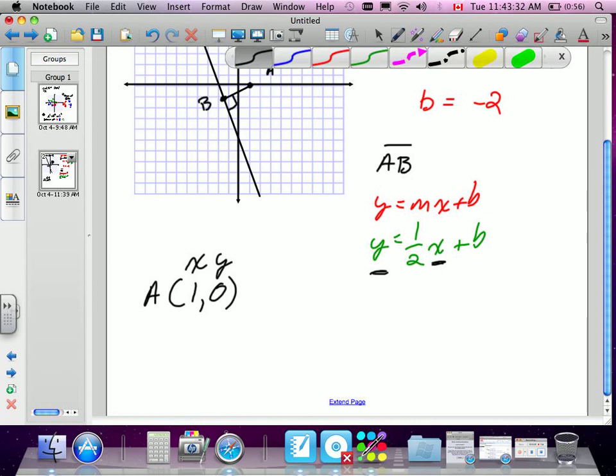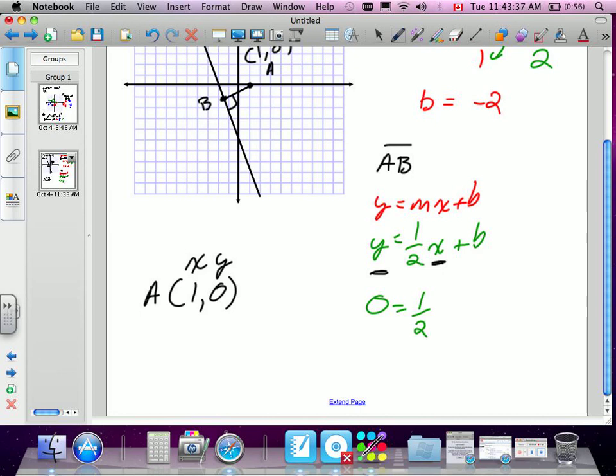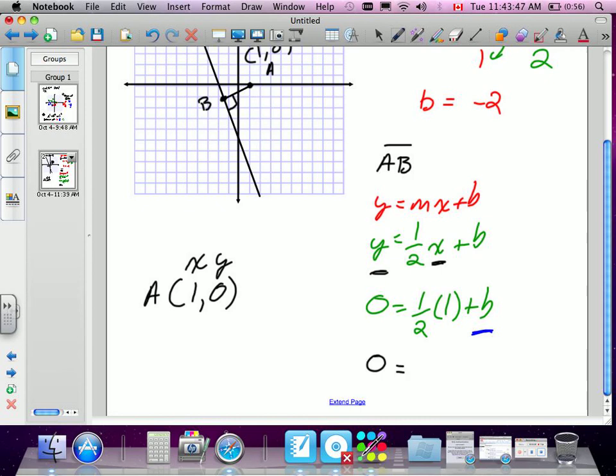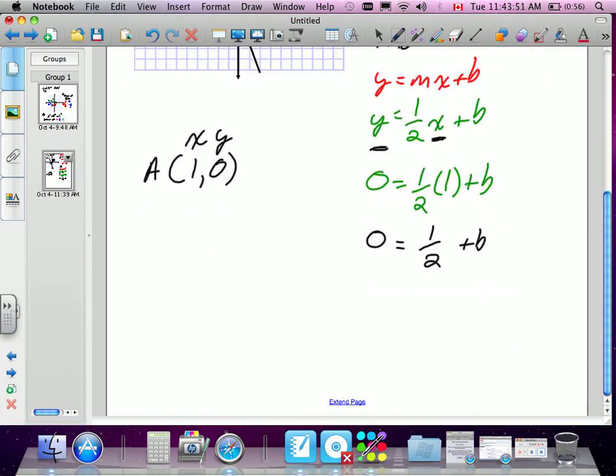So when I plug them in, y is 0 is equal to 1 over 2 times 1 plus b. All I have to do next is isolate the letter b. So I continue. 0 is equal to a half times 1 is a half plus b. I bring the half to the other side. I get 0 subtract 1 half is equal to b. b is equal to negative 1 over 2.